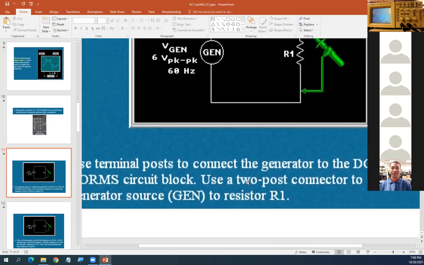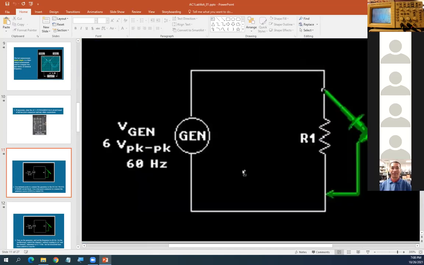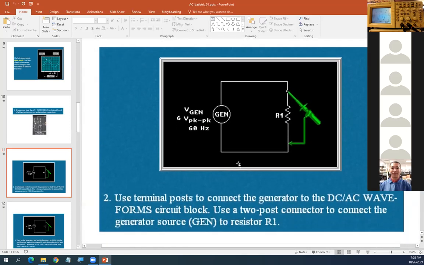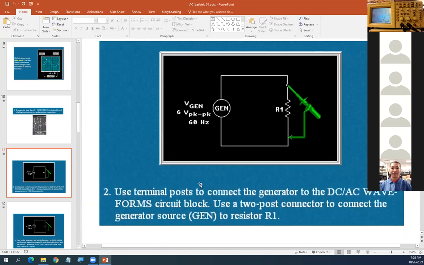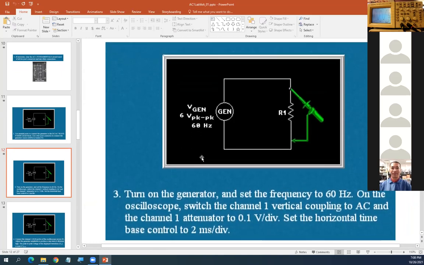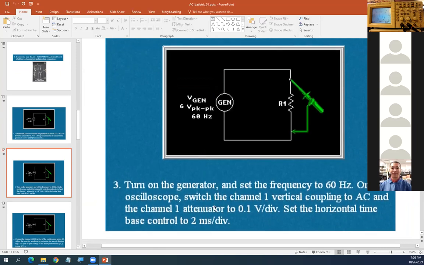And now, see what they said in here. Okay, now that's what I want to tell you. Turn on generator. Set frequency to 60 Hz. On the oscilloscope, switch channel 1, vertical, whatever here.